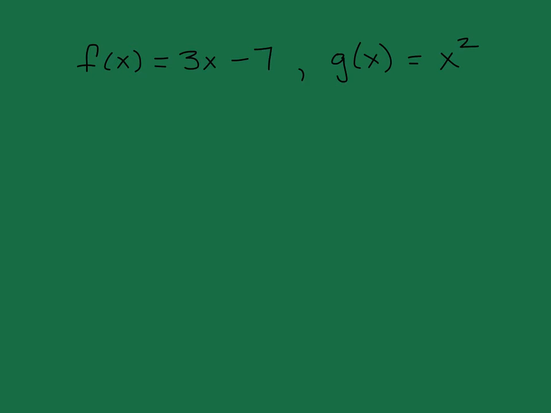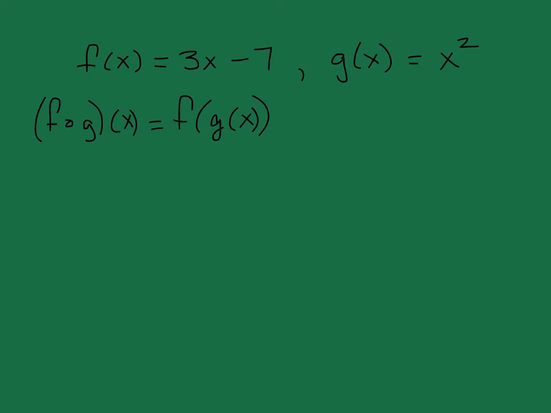So let's figure out or evaluate f of g of x. Now this symbol here, which looks a little like the word fog, means the same thing as f of g of x, written that way.